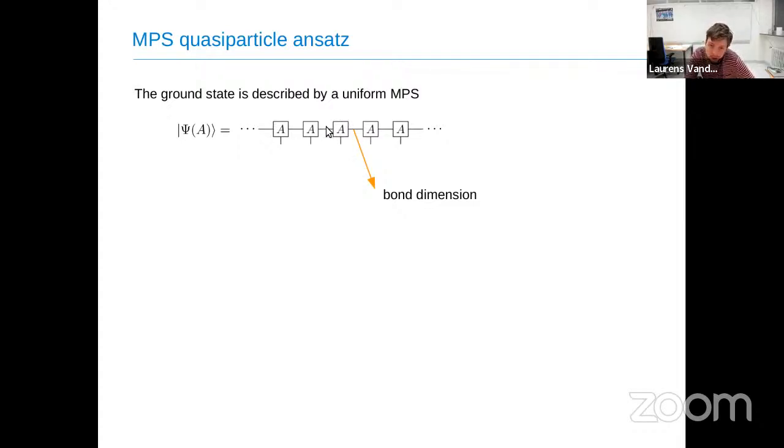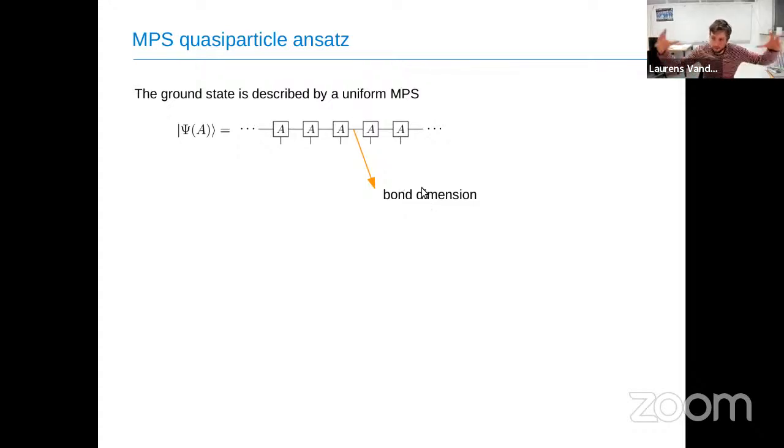So what you see here is a tensor A, which you just repeat on every site in your spin chain. This tensor has three indices. This outgoing index is the spin degree of freedom, and these are virtual degrees of freedom. So it's a three-leg tensor, and these virtual degrees of freedom are summed over, or contracted, we say.